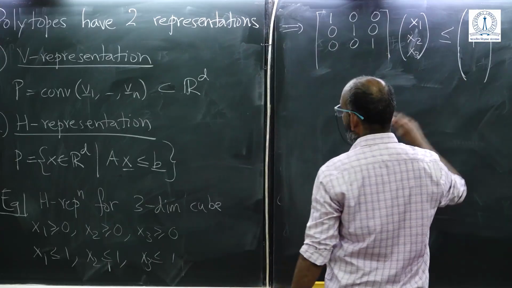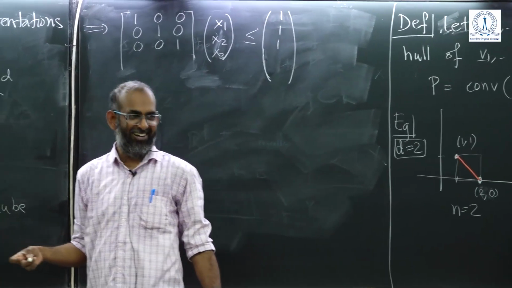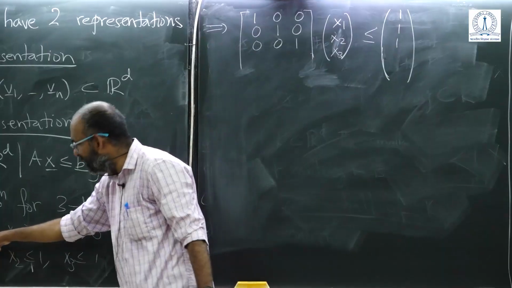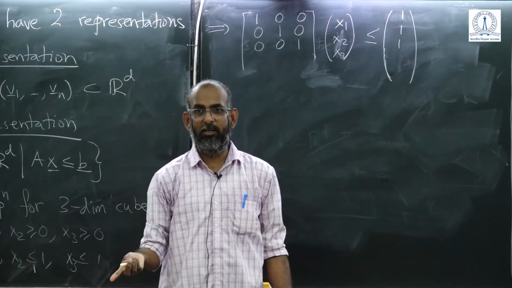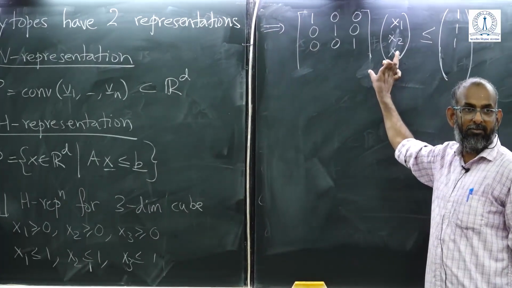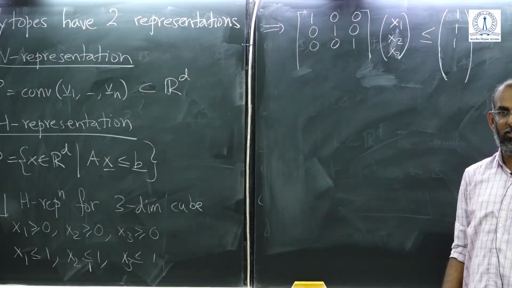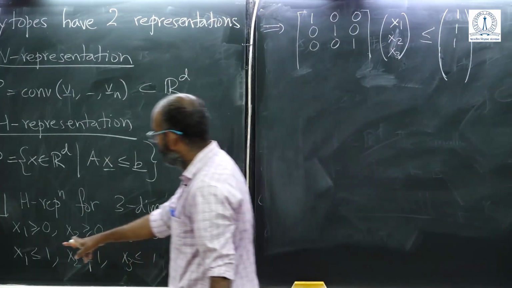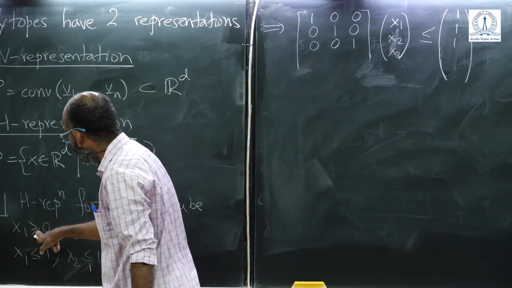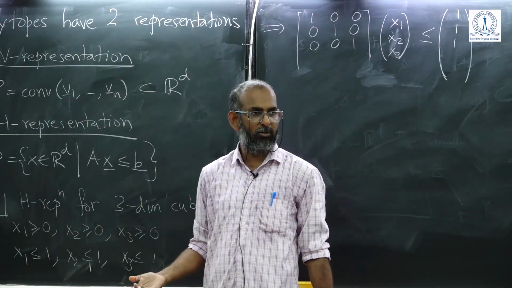Now I want to do this top row. We want to convert these greater than or equal to into less than or equal to. We cannot touch x, y, z, that vector is fixed. So what do you do? You negate the coefficients. So x1 greater than or equal to 0 is the same as saying minus x1 less than or equal to 0.